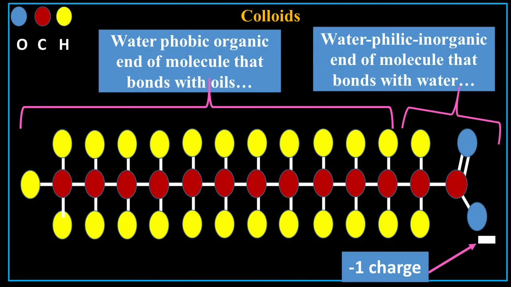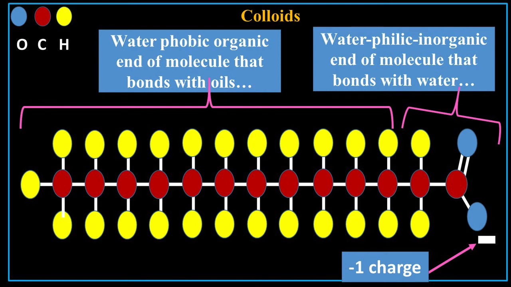Here's a better illustration of the molecule I have shown you, and the oxygen is blue, the carbon is red, the hydrogen is yellow, and the only difference between this and something in real life would be that the carbon chain is very, very long, and each carbon-carbon bond is at an angle to one another, approximately 105 degrees.